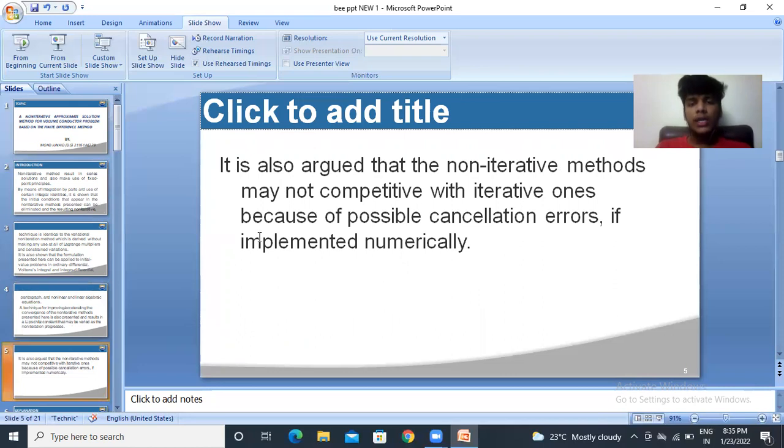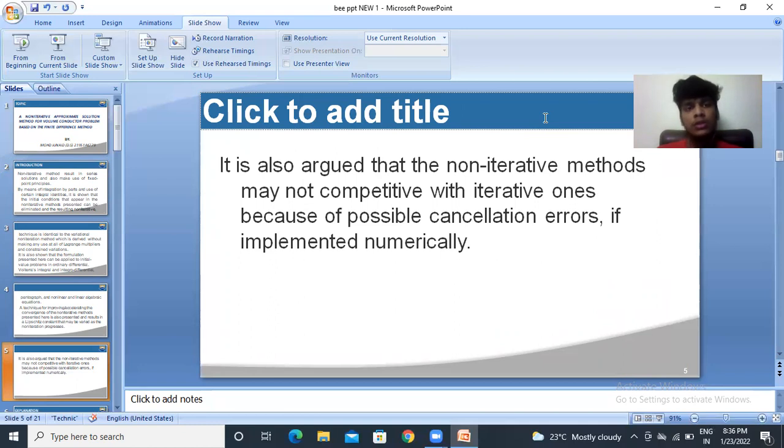It is also argued that the non-iterative methods may not be competitive with iterative ones. The methods we are applying for the non-iterative methods are completely different from the iterative ones. I have already said that the iterative methods are those which keep on repetition, and the non-iterative ones do not repeat.